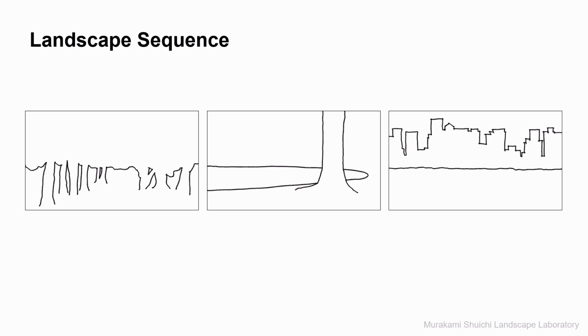A landscape sequence is commonly expressed through a series of connected sketches like these. In designing landscape sequences, the keys lie in what kind of changes are created between successive scenes. From here on, let us take a closer look at the different types of changes that can occur.